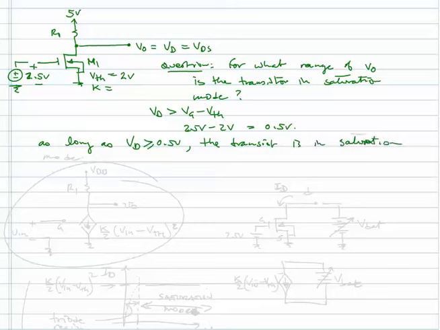What does this mean? If it's in saturation mode, we can model it as a controlled current source, which means that we can replace the transistor with a controlled current source. Here's V out, and this is going to be K over 2 times (V in minus V threshold) squared, if we have the input V in connected to the gate, then it's VGS.